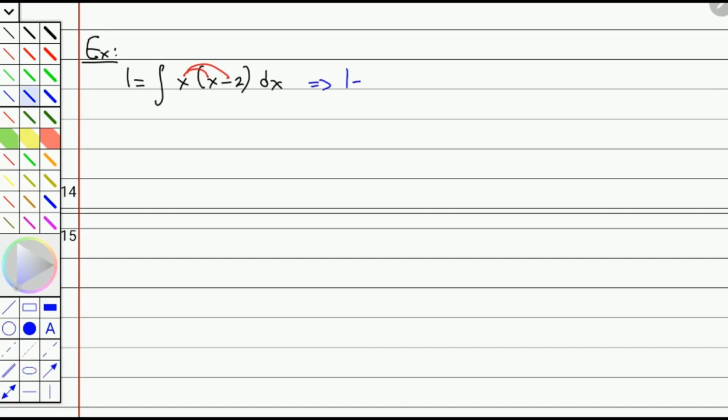So we have I is equal to the integral of x squared minus 2x dx, and now we can integrate term by term. I is equal to x cubed over 3 minus 2x squared over 2 plus c, which we can simplify. And so I is equal to x cubed over 3 minus x squared plus c. And this is the result.